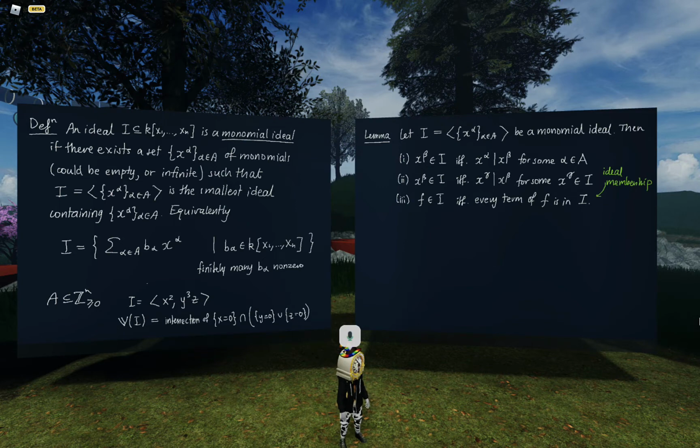Right. What's an example of that? What's an example of two sets of monomials generating the same ideal?